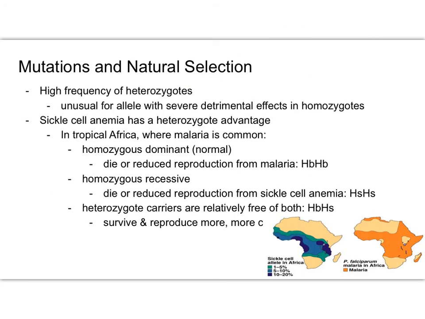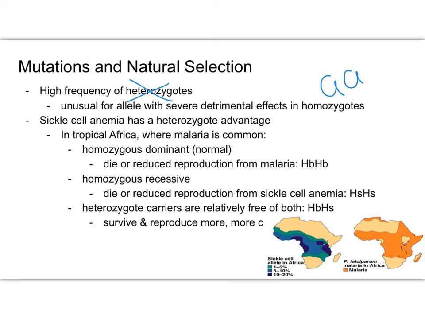Let's look at an example here. Normally, in scenarios where there is a detrimental effect for the homozygote, in particular the homozygous recessive, there won't be a lot of heterozygotes.